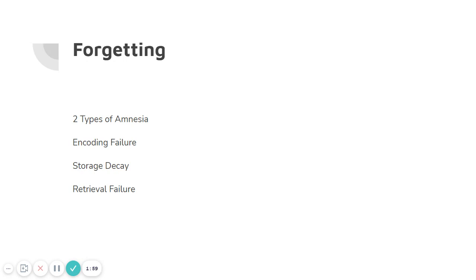Then you also have storage decay. That's a gradual disappearance of a memory or of any kind of information because it hasn't been thought about in a really long time.